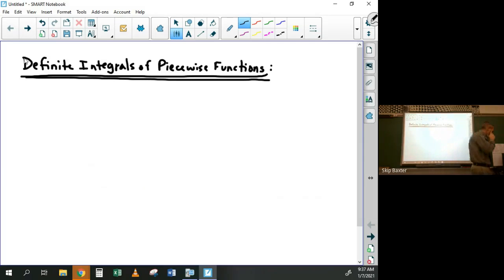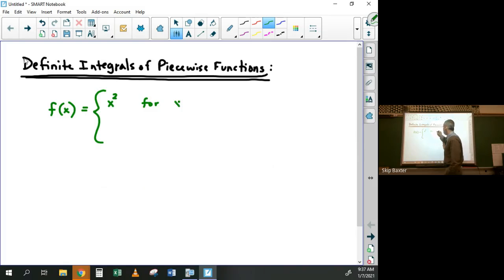Okay, for example, suppose you have something like the integral. Let's define a function piecewise, f of x equals, let's say it's two pieces. It's x squared for x less than or equal to 0.